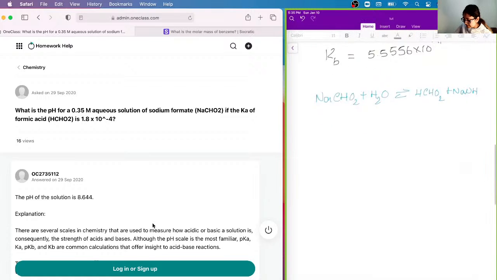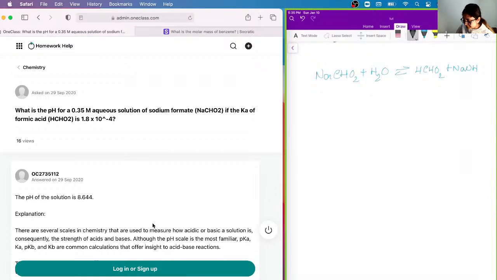And so what we're going to do is form an ICE table. We're first going to put our reactant, which in this case is sodium formate, and then we have our products, which are HCHO2 and OH negative.